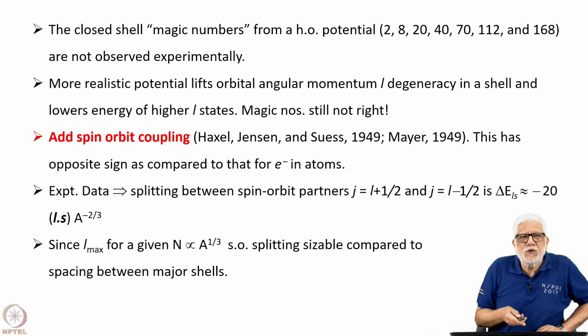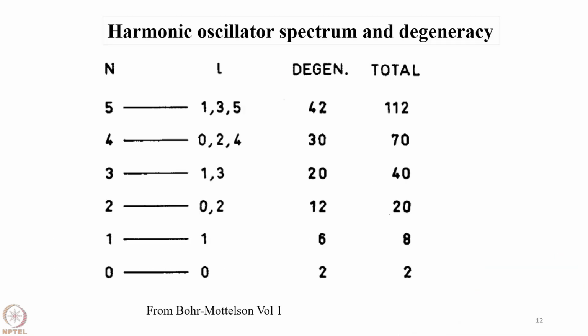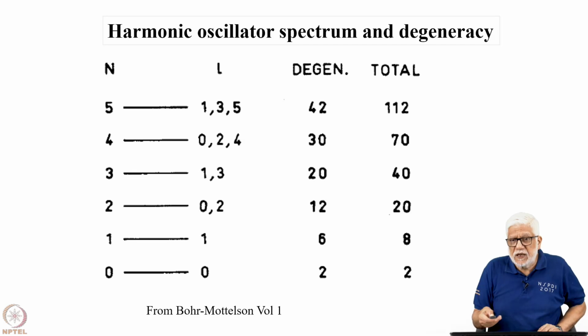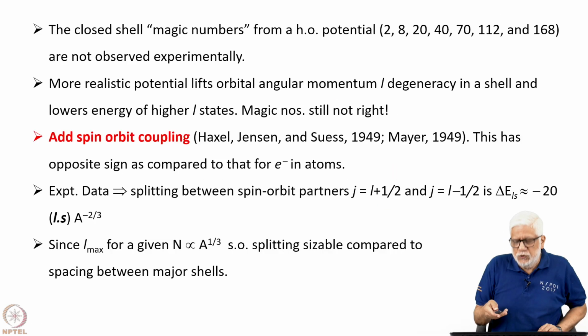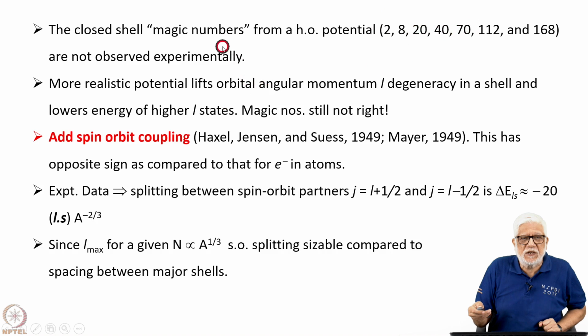So, the closed shell magic numbers for a harmonic oscillator potential is this number that we had in the previous slide. So it is like 2, 8, 20, 40 and so on. So that is what is listed here, 70, 112, 168. But this is not what is observed experimentally. So up to here it's okay, but after that we observe differences in the so-called magic numbers.